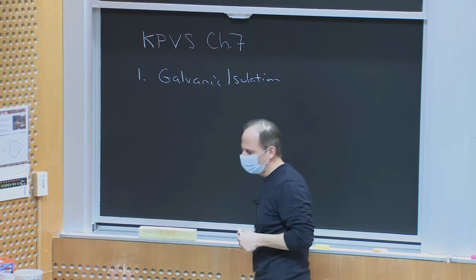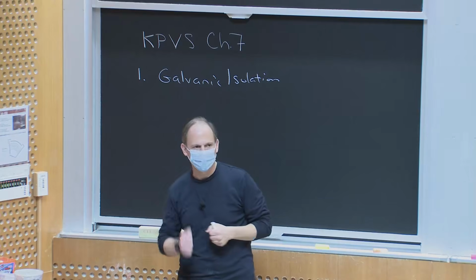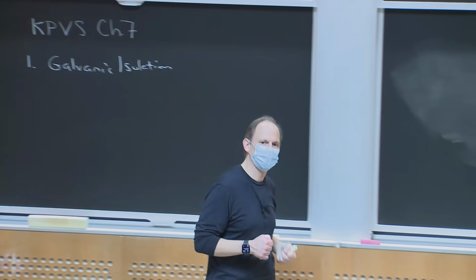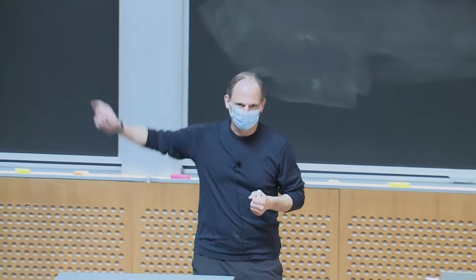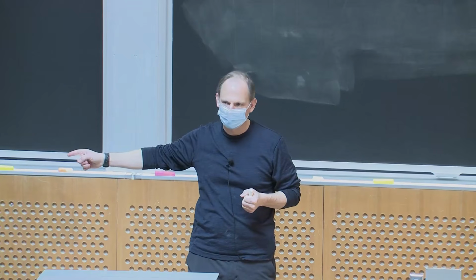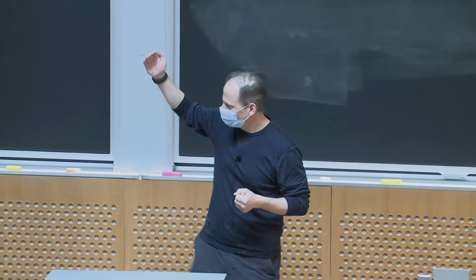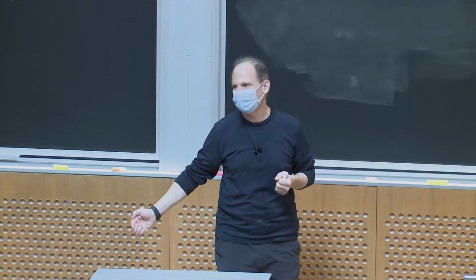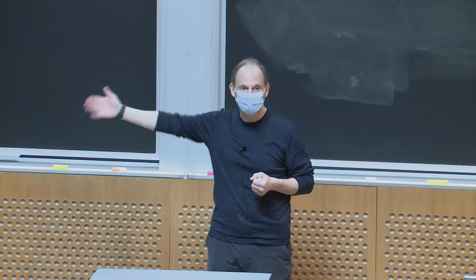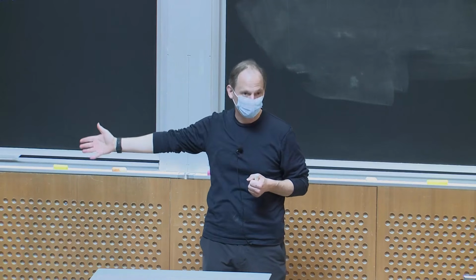Okay? If I'm going to build something that's going to plug into the wall and power my laptop, I would really like it that if lightning strikes outside, I don't get electrocuted, right? So what you would really like is some kind of isolation barrier between you and the actual stuff that's connected to the wall.